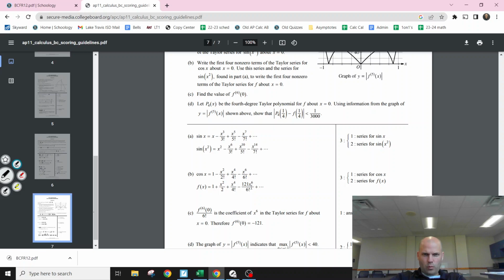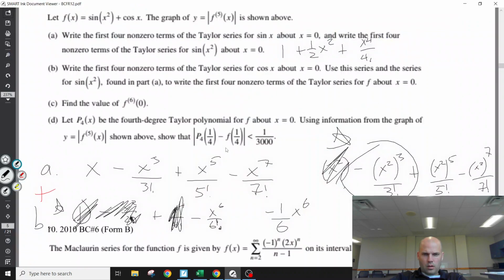How'd you get 121? I got negative 1/6 and then a 3 factorial. No, I have a 6 factorial.